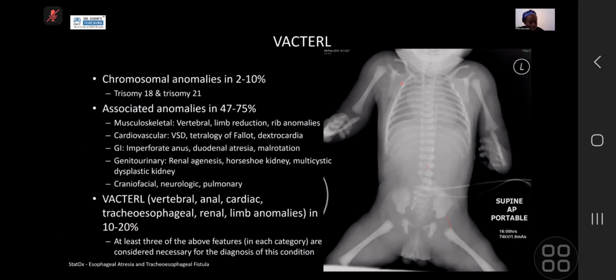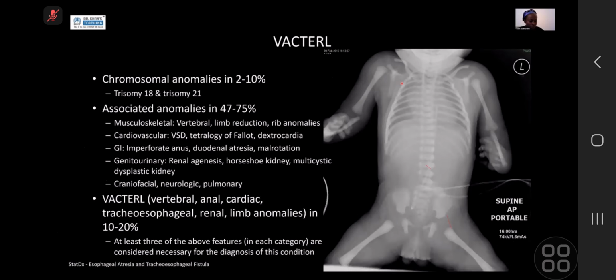They can have a scoliosis. They can have caudal regression, which is where the conus terminates high, and they would often get sacral anomalies with that. They can get rib anomalies. They can get tetralogy of Fallot and dextrocardia. They can get distal atresias in the small bowel. They can present with malrotation. So there's an endless list of different abnormalities that are associated with this.